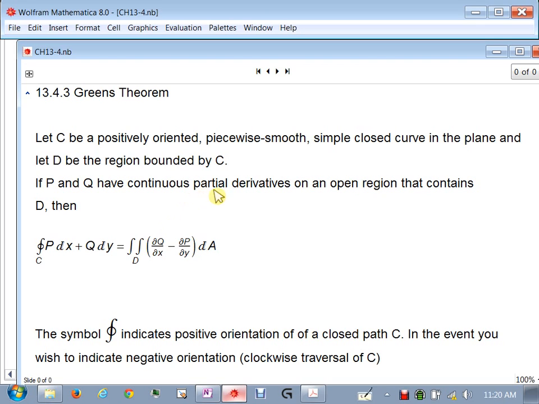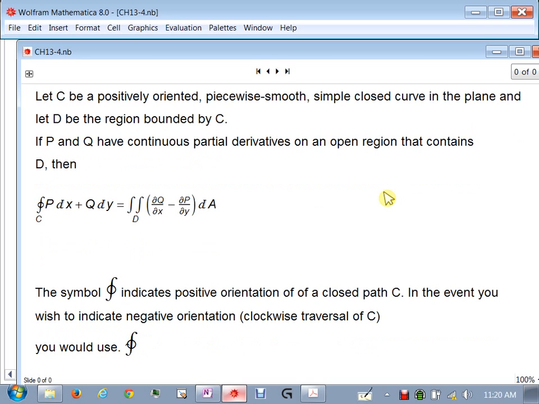So if all those conditions are satisfied, then the line integral, and let me explain this symbol here. Anytime you have an integral symbol and you have a circle in the middle, you're telling everyone you're integrating over a closed curve.